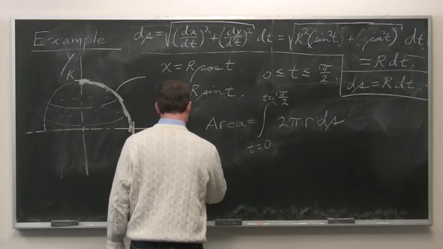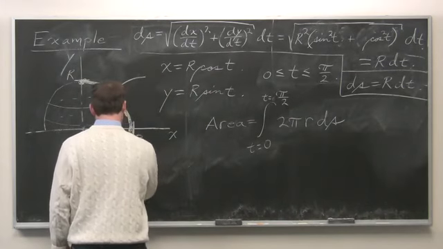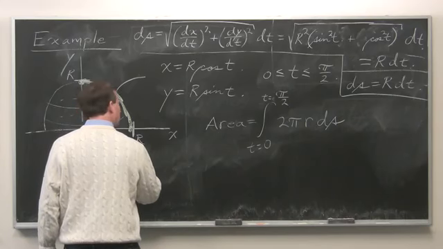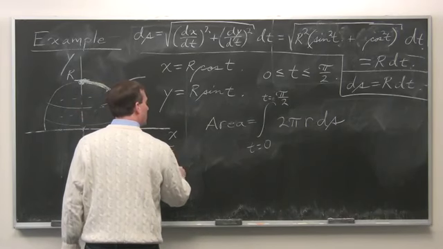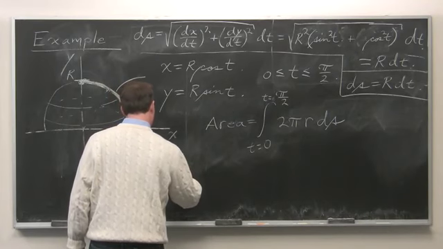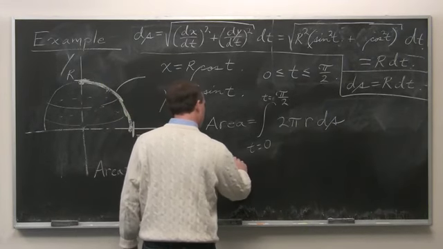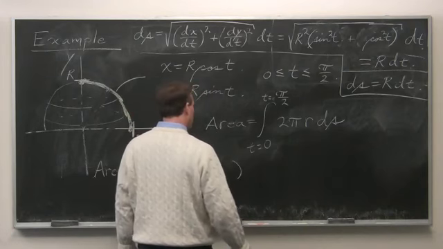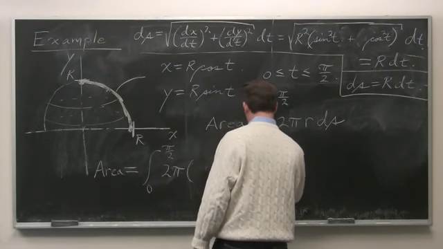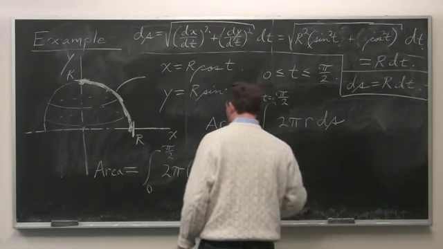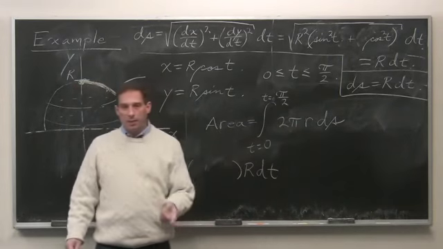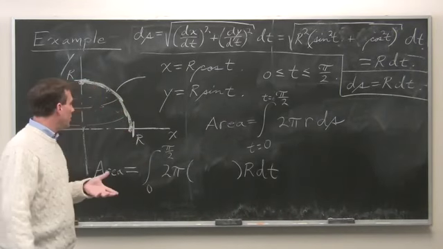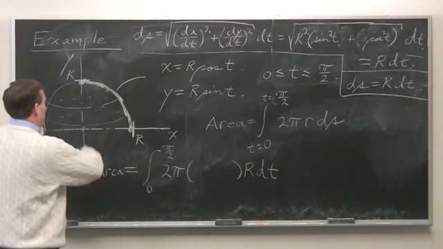So what we get for the area is the integral as t goes from 0 to pi over 2 of 2 pi. I'm going to leave a space for what we put in for this little r, ds, which is r dt. We still need the radius in terms of t. What radius? Capital R?